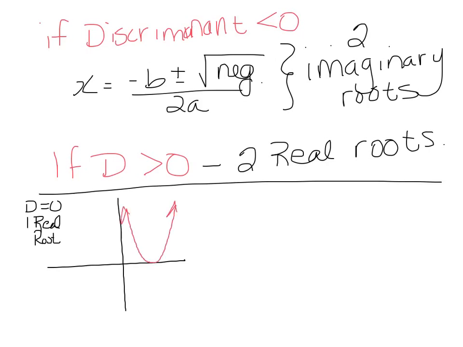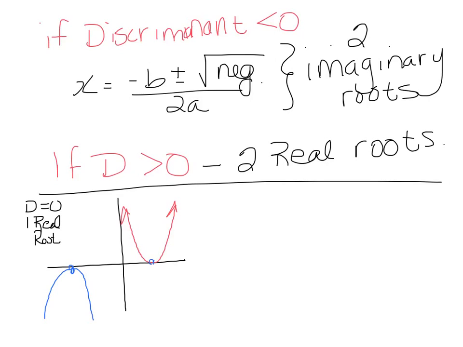It comes like that, or it could open down. The point is it touches the x-axis in exactly one place, because remember, the roots of that equation are the same as the x-intercepts.